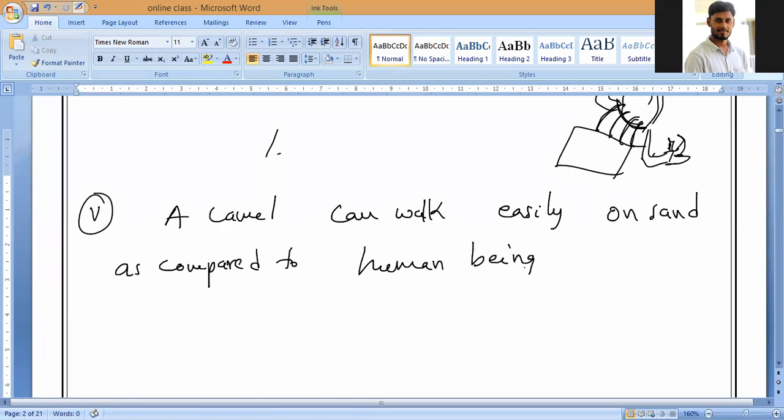Why is it, Sai? Because if you observe, what does a camel have? A broad foot, a wider one.